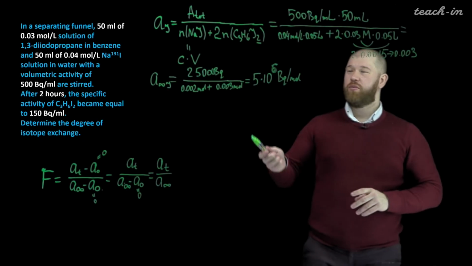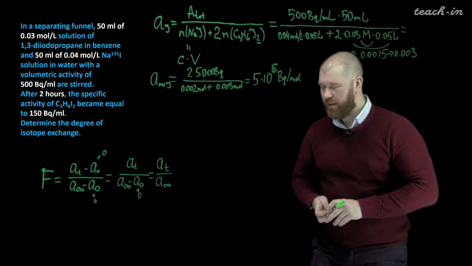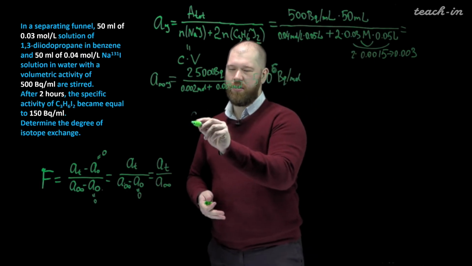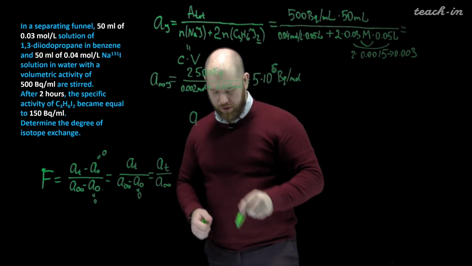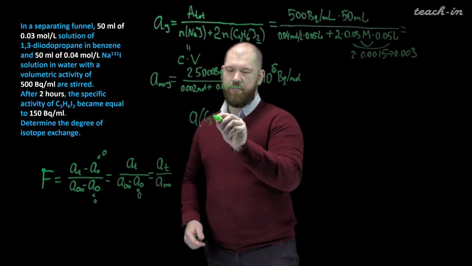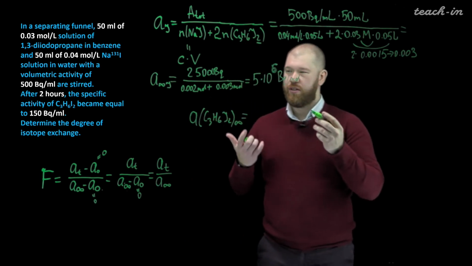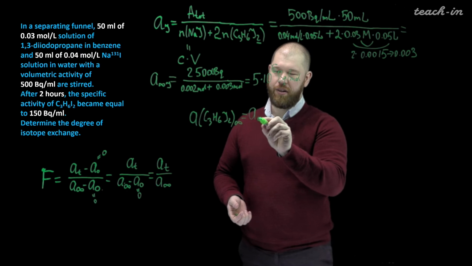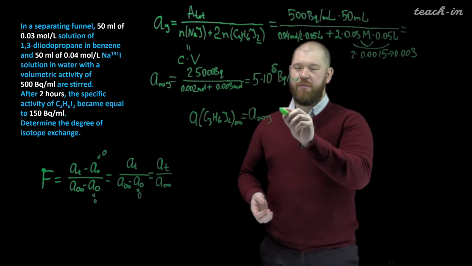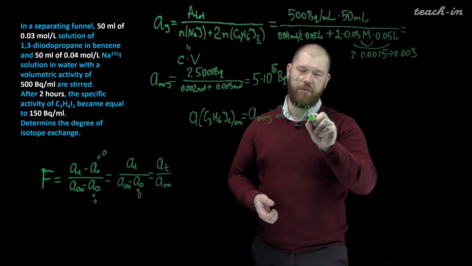Then, so we already calculated the specific activity of iodine atoms, and thus the only thing that we should do to calculate the activity of our propane at equilibrium is the multiplication of this specific activity of iodine atoms by the number of iodine atoms in our compound.